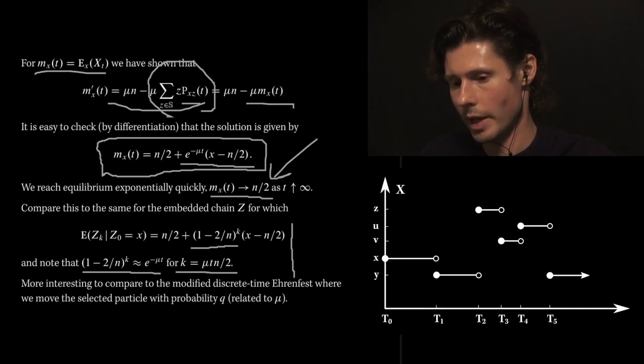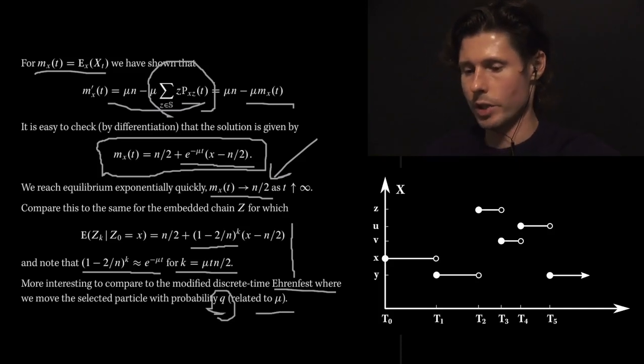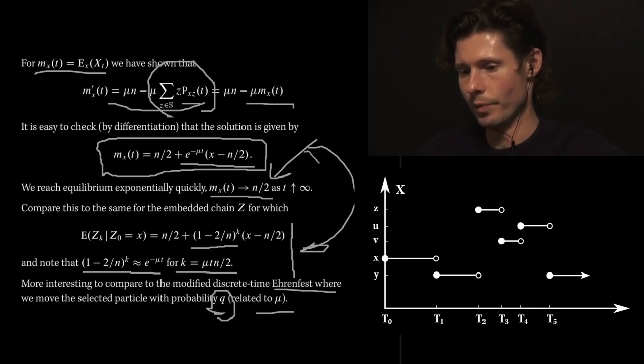And so the more natural way to do this is to take the modified Ehrenfest urn example, where with probability Q you actually leave the particle in the same place where you picked it from, and that Q can be shown in a natural way to be related to the rate mu at which every single particle moves. So if you're interested, I'll let you explore these connections on your own, but you can definitely see a pretty significant degree of similarity between these two formulas, and that's not that surprising.